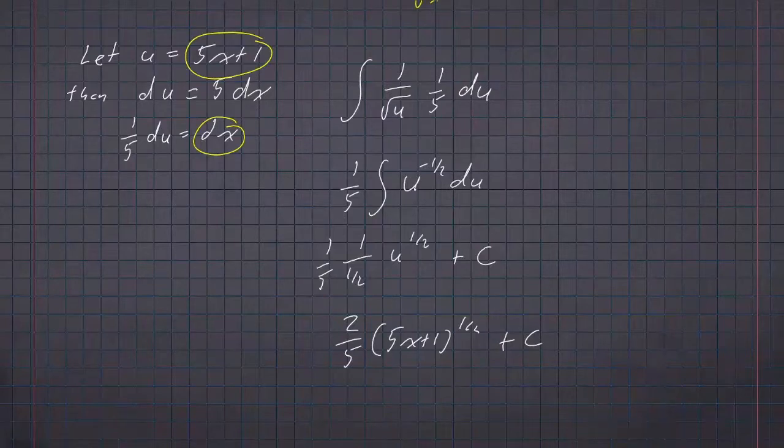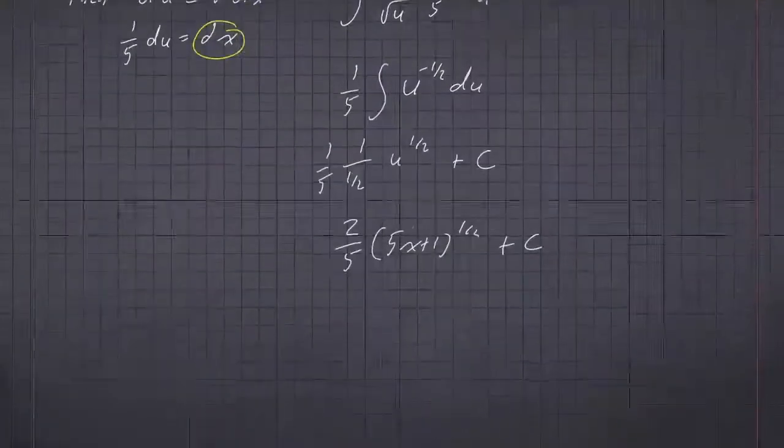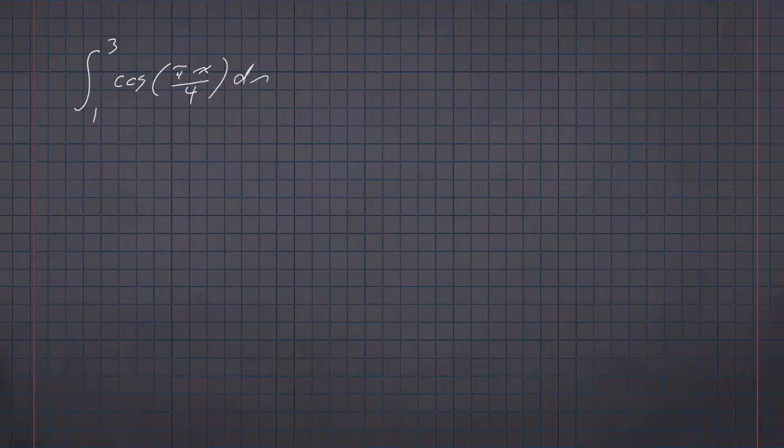We can also look at U-substitution for a definite integral. If I have the integral from 1 to 3 of the cosine of pi x over 4 dx, I can look and see that this is a composition between cosine and pi x over 4.